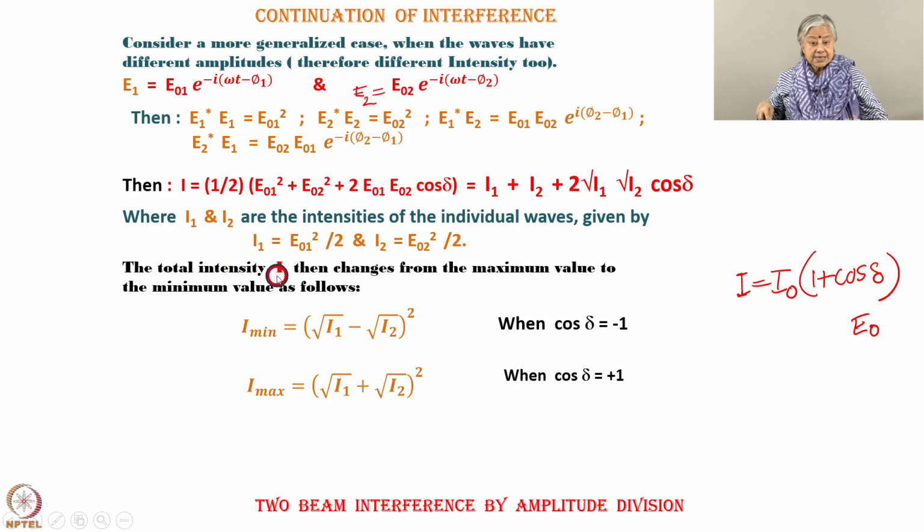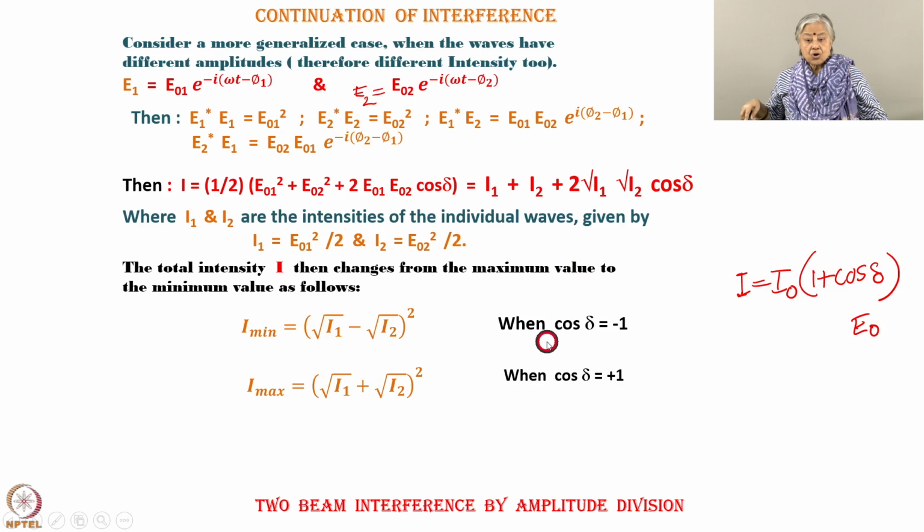The total intensity I then changes from the maximum value to the minimum value as follows. This is my intensity. How does this intensity change when the phase is changing? I am only bothered about the change in phase, because the change in phase brings about a change in my intensity pattern itself.